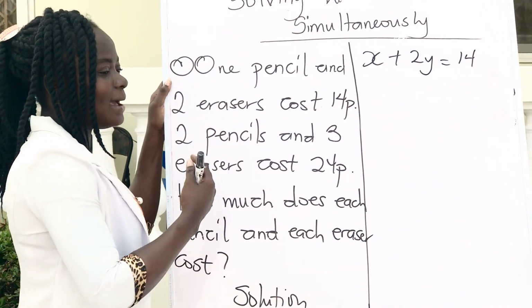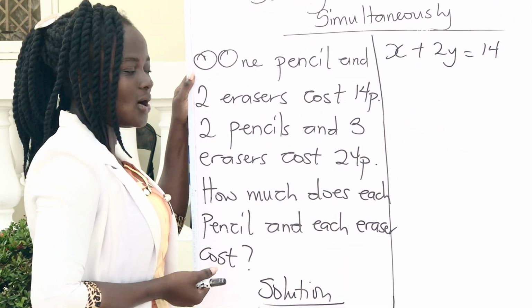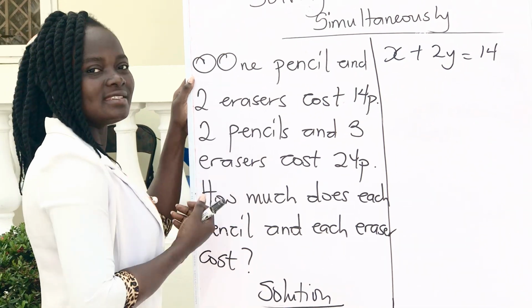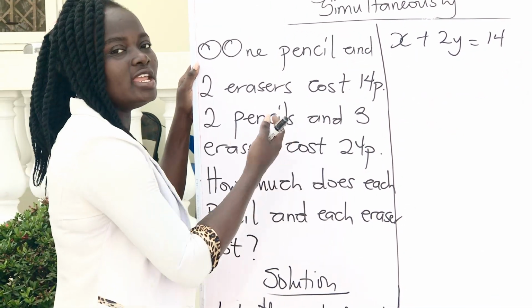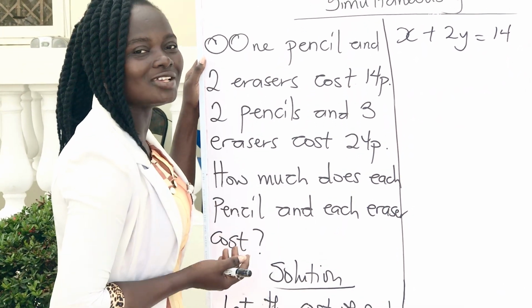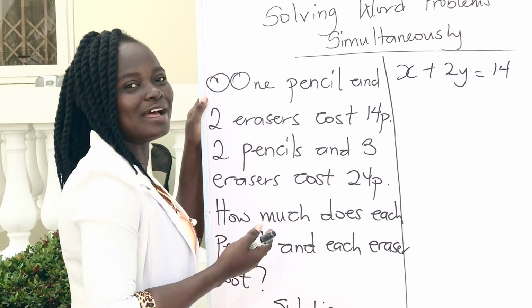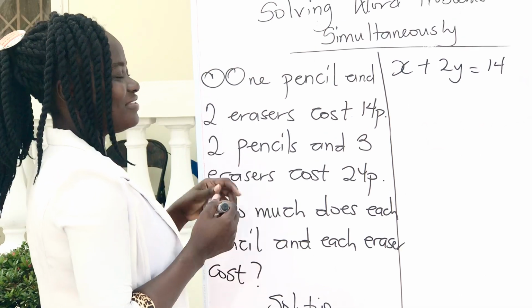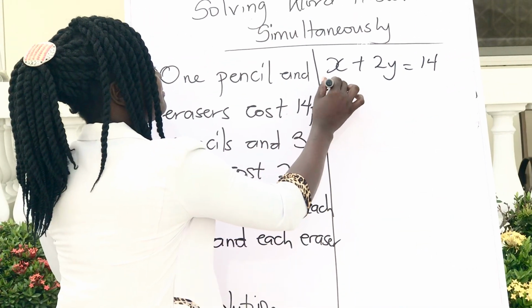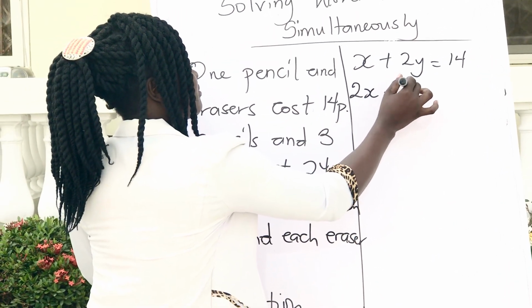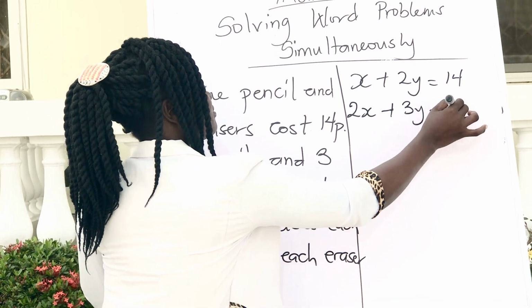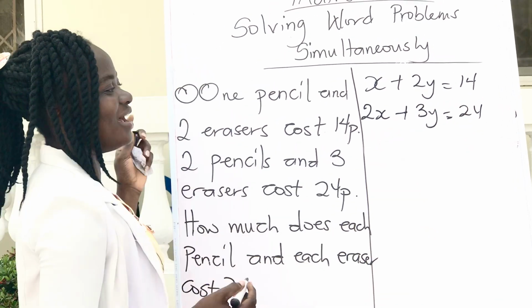Then the second part of the statement was 2 pencils and 3 erasers also cost 24 pesewas. So let's represent this one too mathematically. So this becomes 2X plus 3Y equals 24. Great.